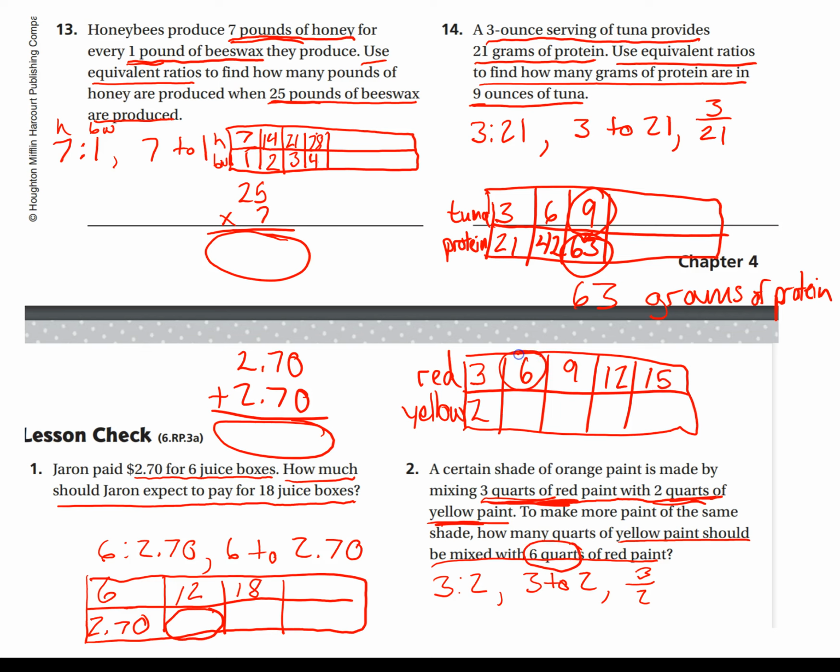So 6 quarts of red would be right here. So I find the next number, 2, 4. I could go on, but it wanted to know 6 quarts of red, so how many quarts of yellow should be mixed? That would be 4 quarts of yellow.